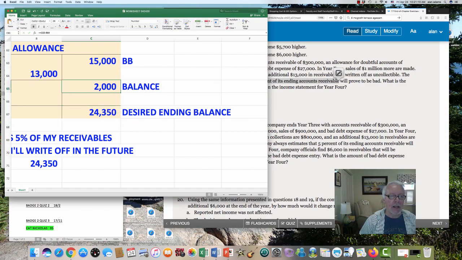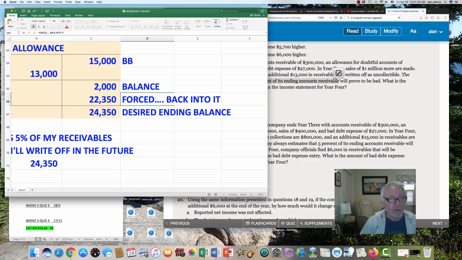So I need to make an entry to expense to get me up to this. I've already got 2,000 of it. So that means, do the math, in order to get there, if I've already got 2,000 left in my bucket, I need 22,350 more. This number is forced. We back into it. And that happens to be our answer.